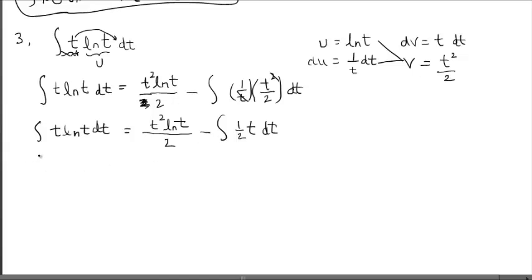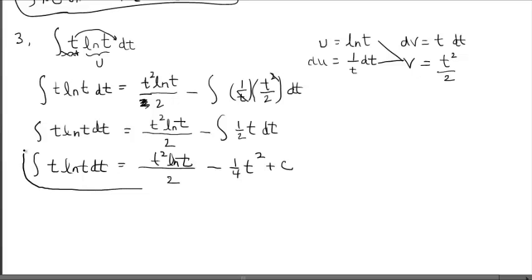And once more, and I should be there. That's ln. And this antiderivative, let's see, you'd go up to 2, divide by 2, so that would be 1/4 t squared, plus c.